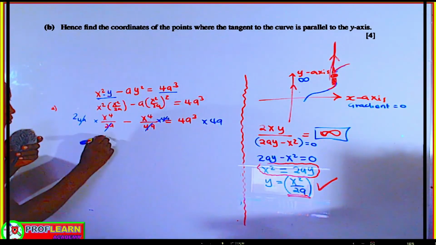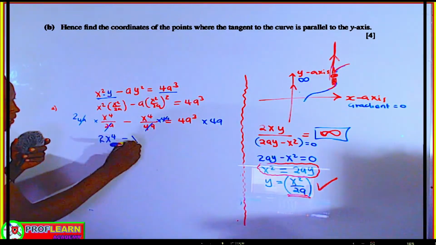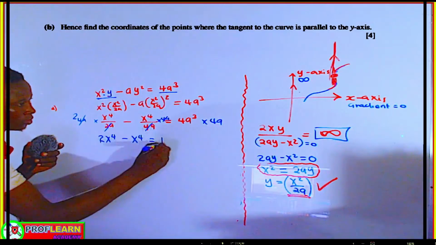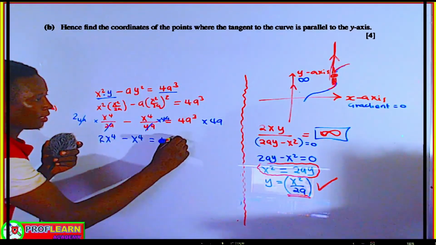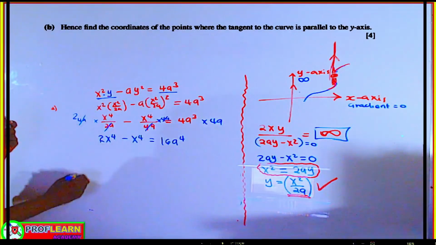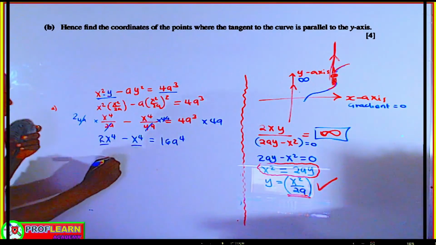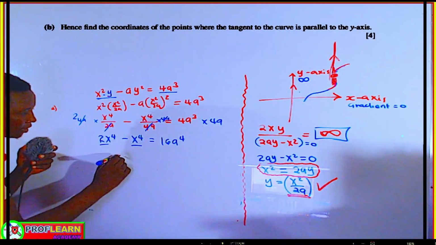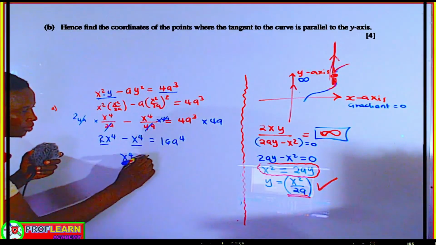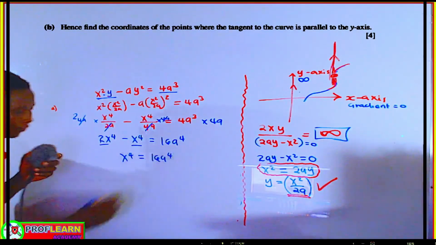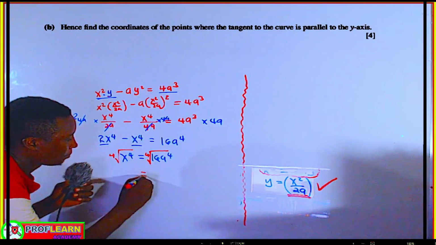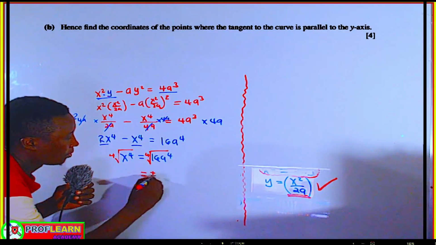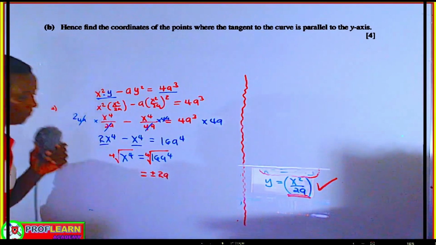So we shall have 2x power 4 minus x power 4 equals 16a power 4. So this simplifies, and we shall have x power 4 equals 16a power 4. That means x is equal to plus or minus 2a.